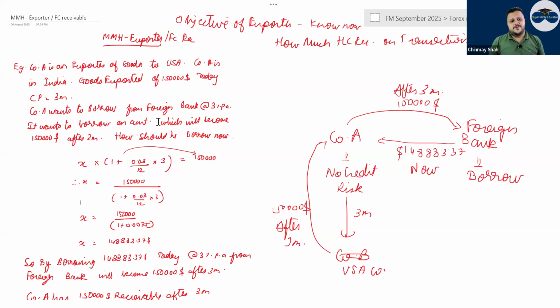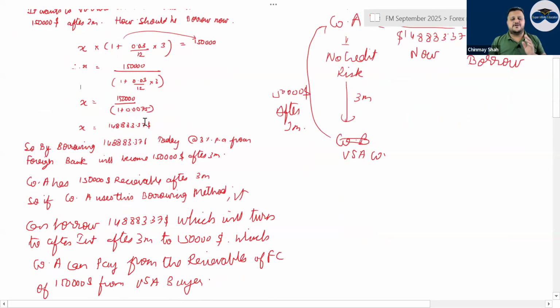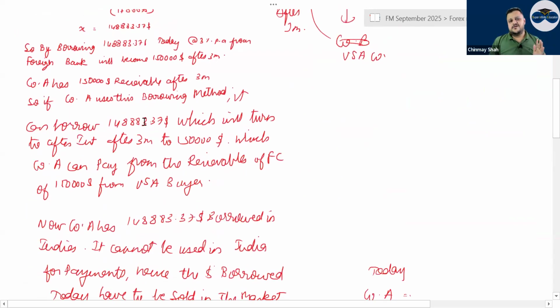You get $14,883.37, you borrow today, correct? And when you get the 150,000 from your foreign customer, you will pay that 150,000 to the foreign bank at the end of the transaction period, because it will mature and become 150,000. So now you have $14,883.37 right now in India, correct?